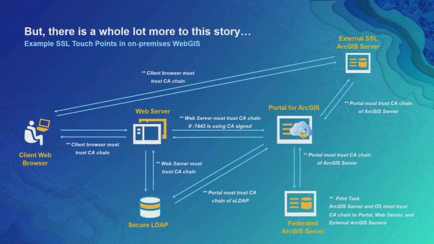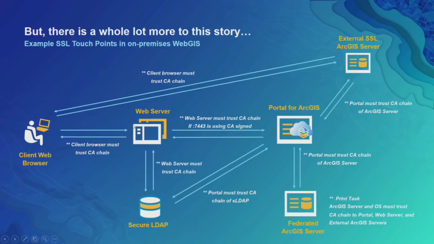But there's a whole lot more to this story, right? That's just replacing the certificate that's being used to talk on 7443. But let's look at a very simple WebGIS deployment. Instead of all being on one machine, maybe you have two or three machines. As you can see here, there's a web server, there's Portal for ArcGIS, and you have an ArcGIS Server.